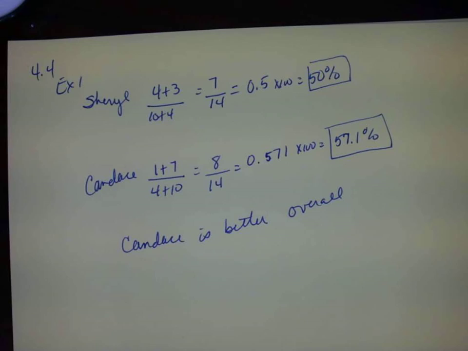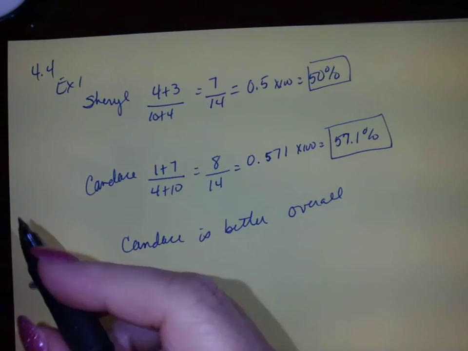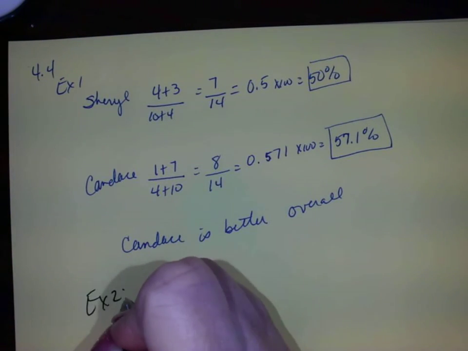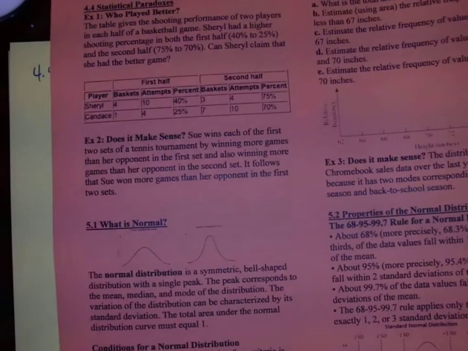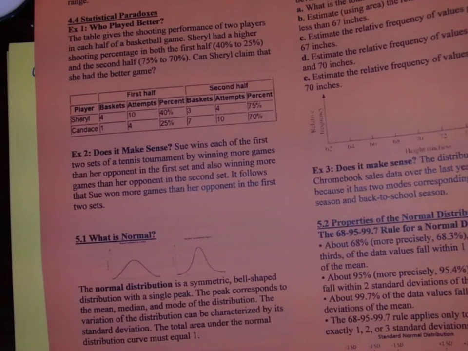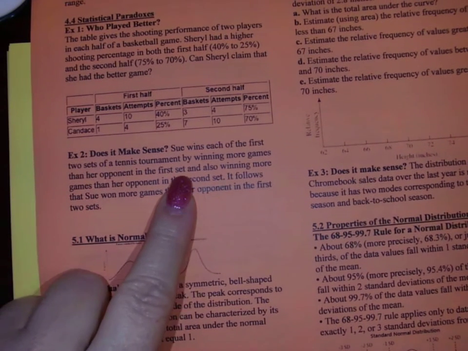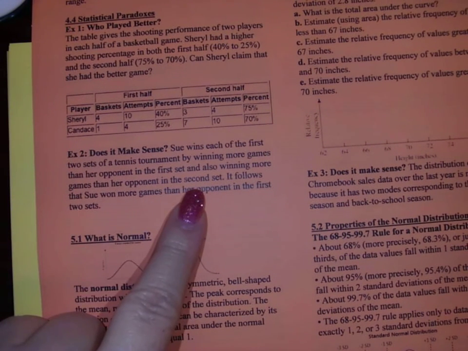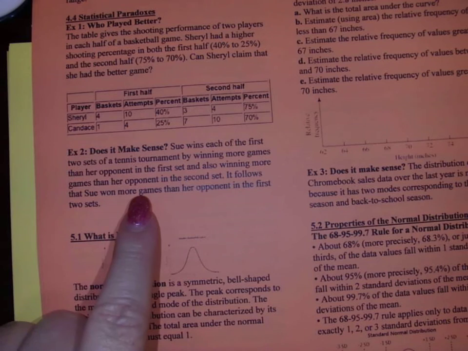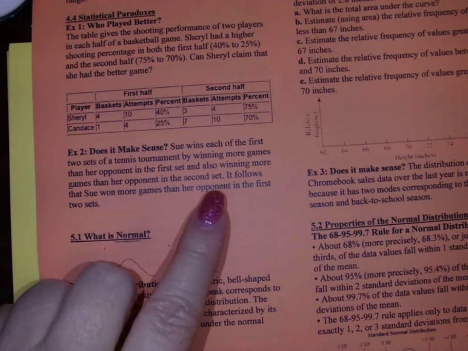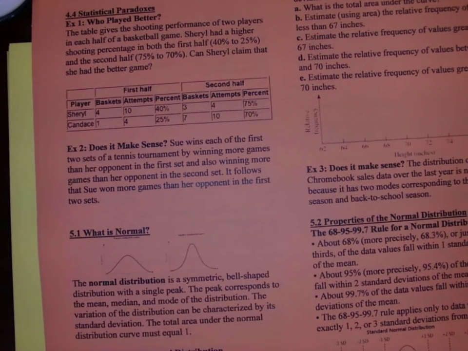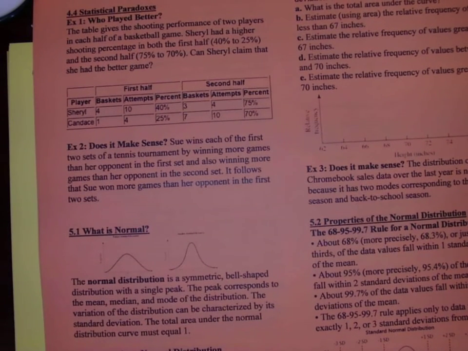So example 2, we are at "doesn't make sense" again. Sue wins each of the first 2 sets of a tennis tournament by winning more games than her opponent in the first set, and also winning more games than her opponent in the second set. It follows that Sue won more games than her opponent in the first 2 sets.